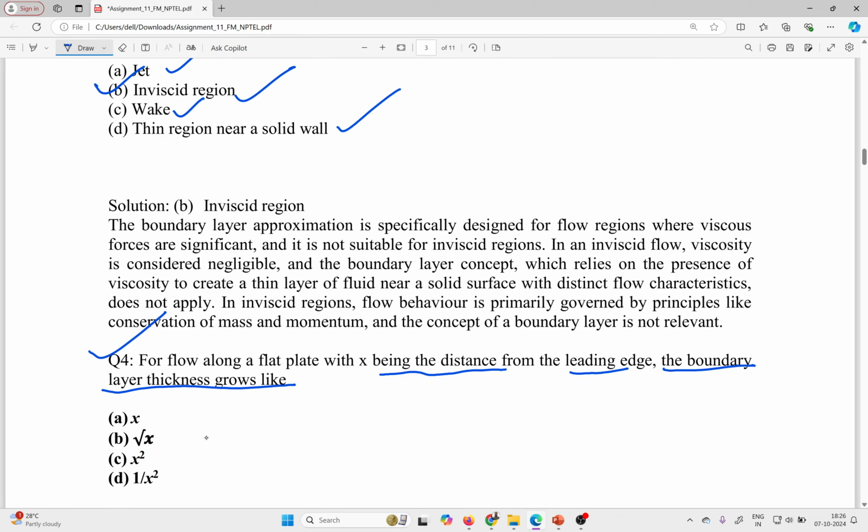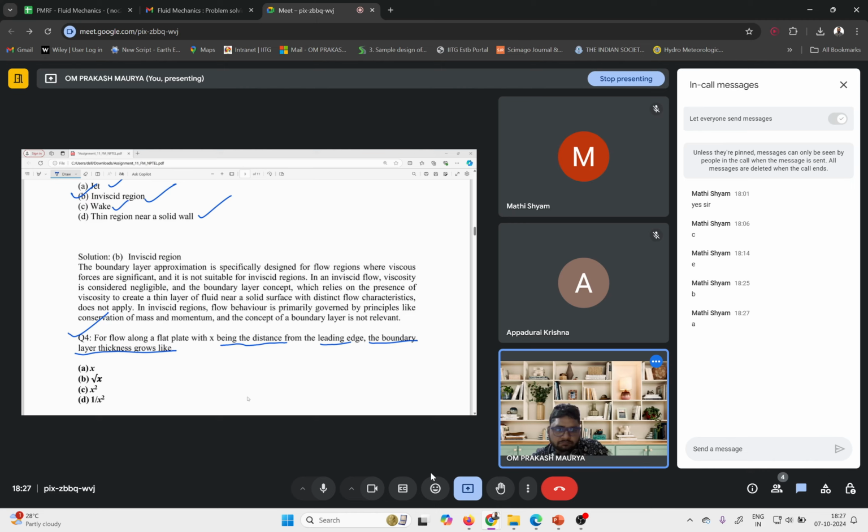We are talking about the boundary layer thickness, delta. You are telling option A. Okay.